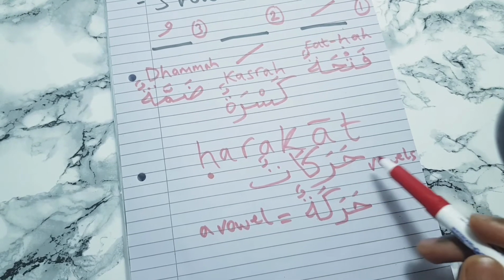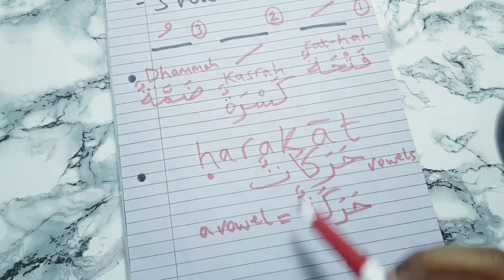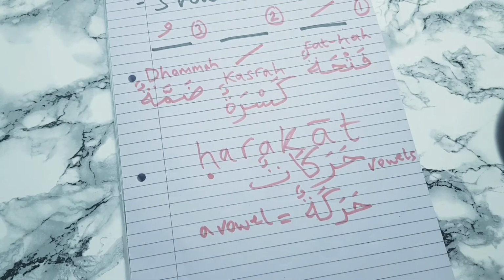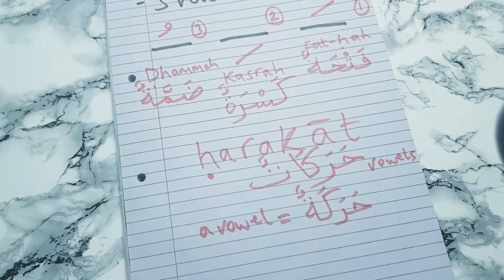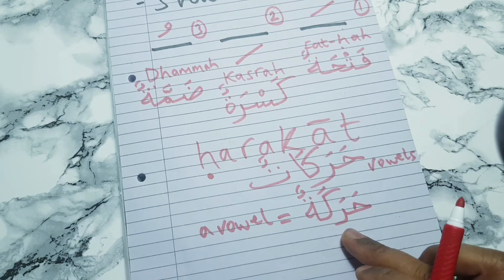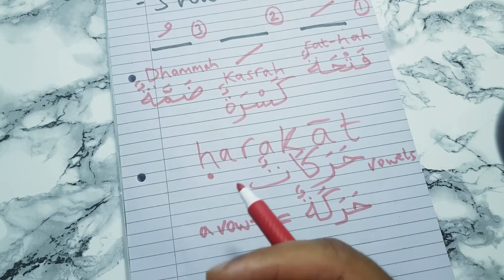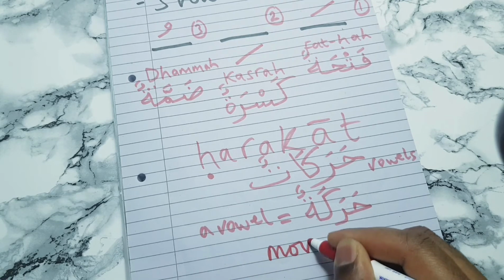What's harakat? Vowels. Plural. Okay. All of these are harakat. How many do you have in total? 3. Fatha, kasra, dhamma. We have 3 vowels in total. Okay. The word harakah, yani linguistically, it means moving, a movement.